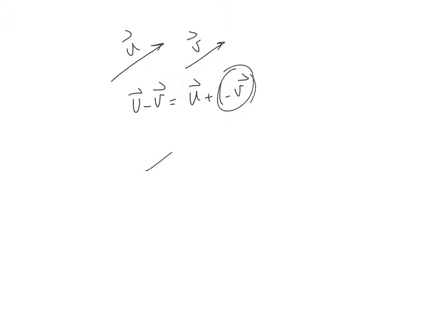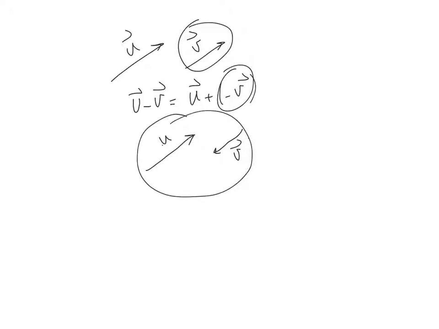So if u is this one and v is this one, negative v is going to be this one, opposite direction. And now we know how to add two vectors using any one of those three methods that I mentioned before, meaning head to tail, tail to tail, or component method. We can find the sum of these two vectors u and v.